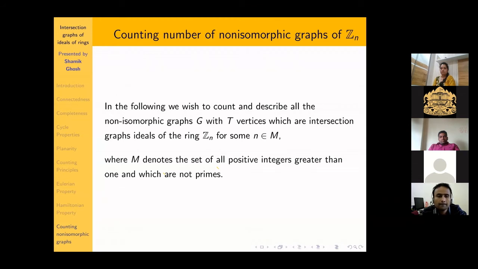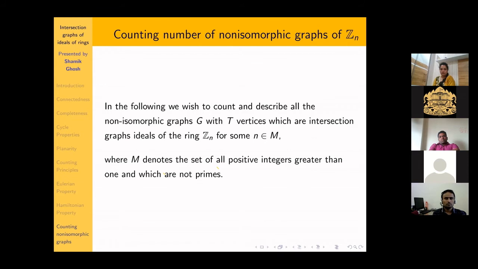Okay, so I can go there. Before going to the survey paper, I just want to give you a surprise. We started this talk with the result that every simple undirected graph is an intersection graph. But here you see that not all graphs are intersection graphs of ideals of rings, because our graph is very dense, and very sparse graphs are not here.